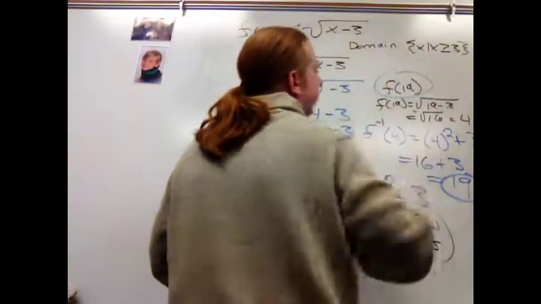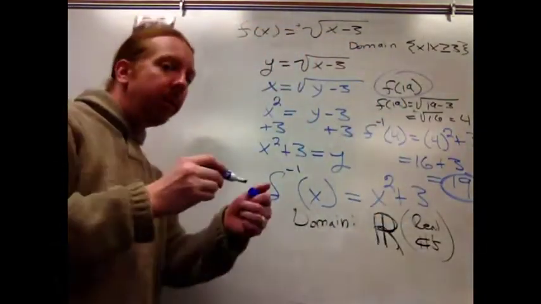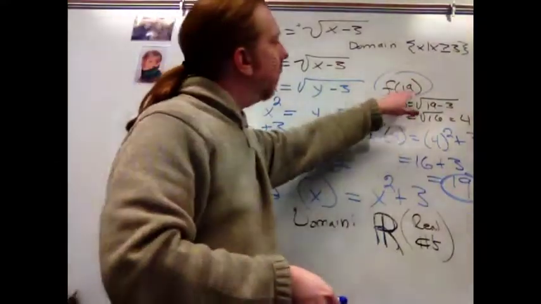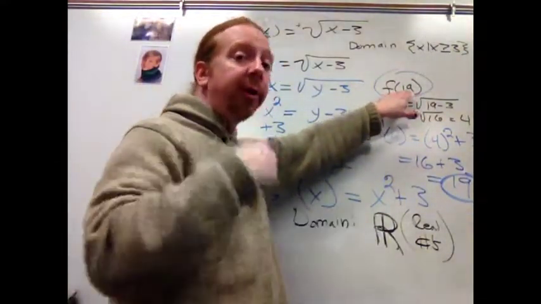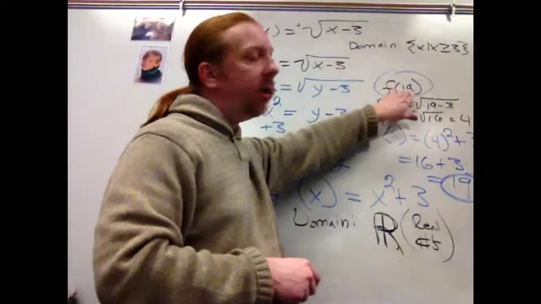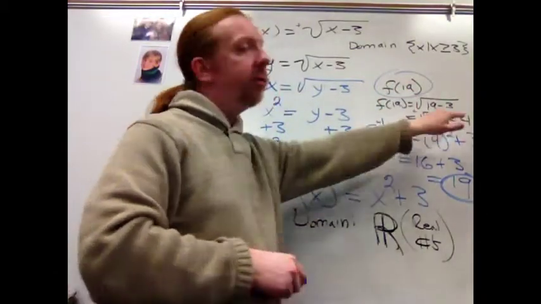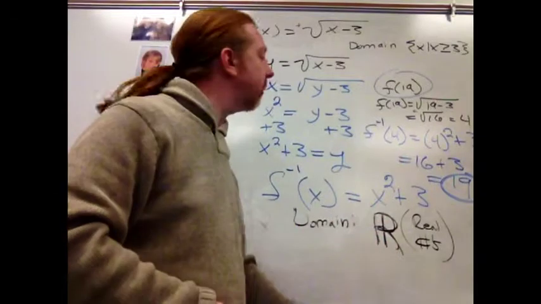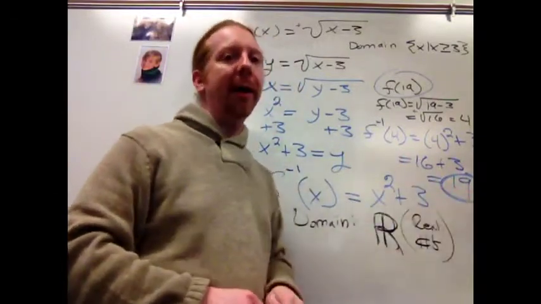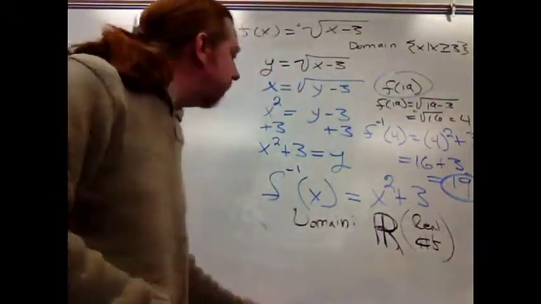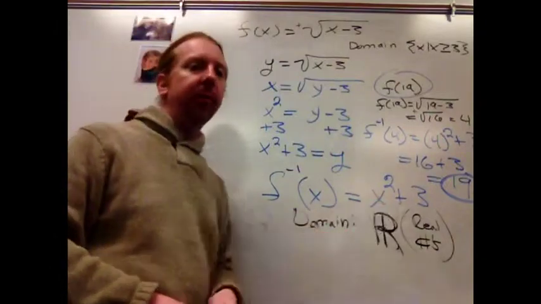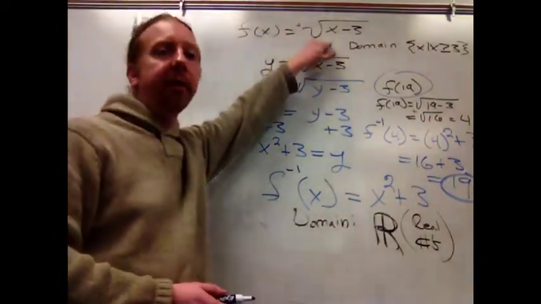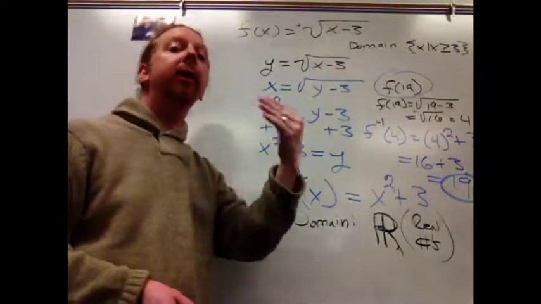Remember, with the inverse, what I'm doing is I'm reversing the process. So 19 goes into the original function, 4 comes out. 4 goes into the inverse function, 19 comes back out again. So this function, x squared plus 3, undoes what the function square root of x minus 3 does.